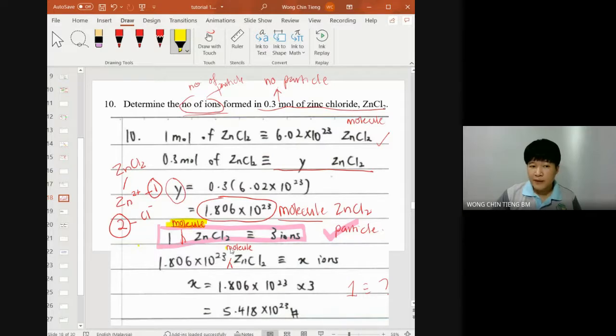Molecule compare dengan molecule. Atas bawah kena sama. Ion compare dengan ion. Nampak? Okay, boleh saya terima. Cuma jawapan akhir still the same thing. Your final answer doesn't come with the unit. Over here, you are calculating for the ion. So, ion. Okay.